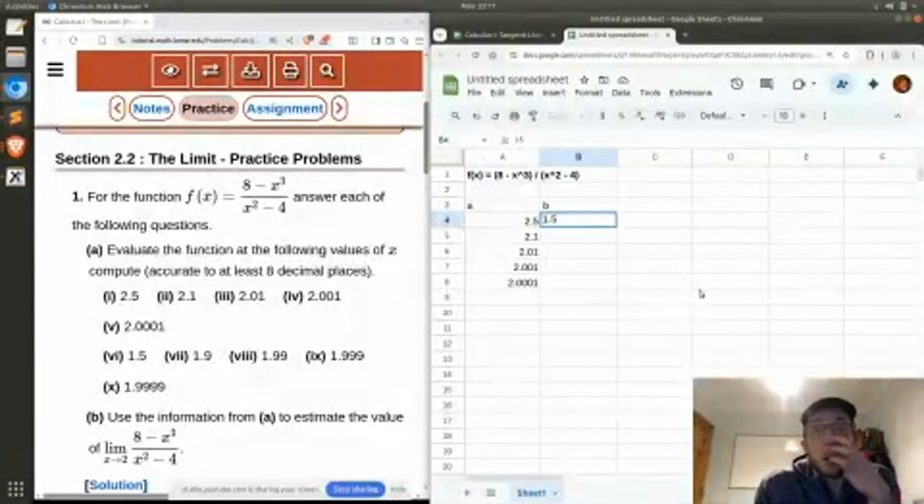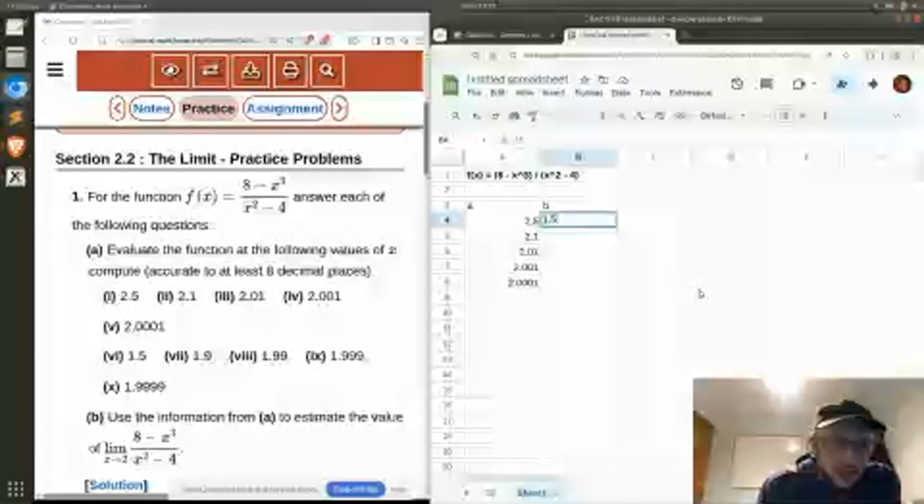Yeah, A for above and B for below. I like that. I never noticed that before.